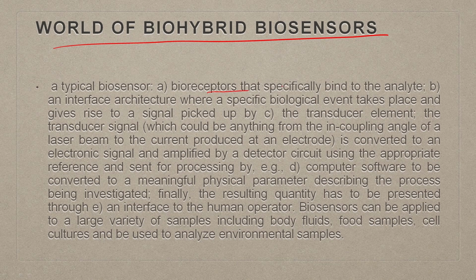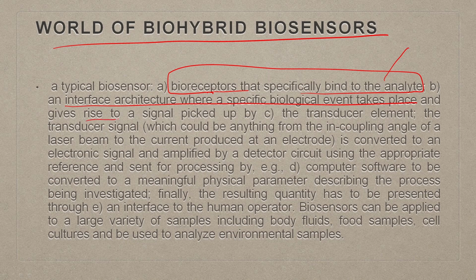When we talk about a typical biosensor, it has a bioreceptor that specifically binds to the analyte, which could be the analyte of your choice, anything. Then an interface architecture where a specific biological event takes place and gives rise to a signal. The third part is the transducer element.